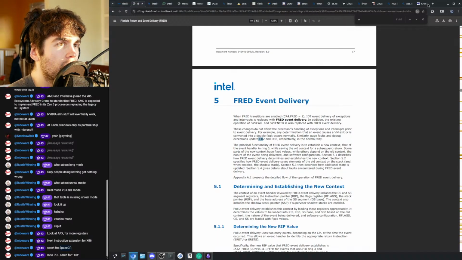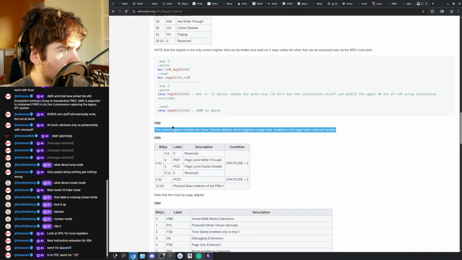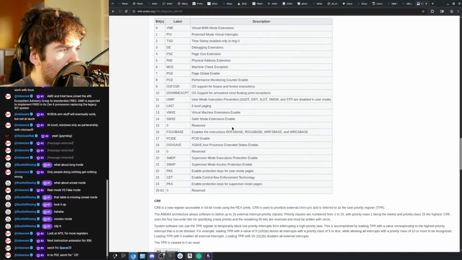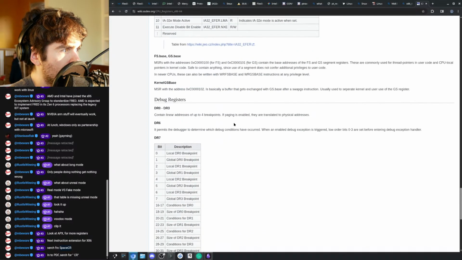CR2 and DR6. CR2 control register contains a linear address which triggers a page fault. Okay. And DR6 permits the debugger to determine which debug conditions have occurred.